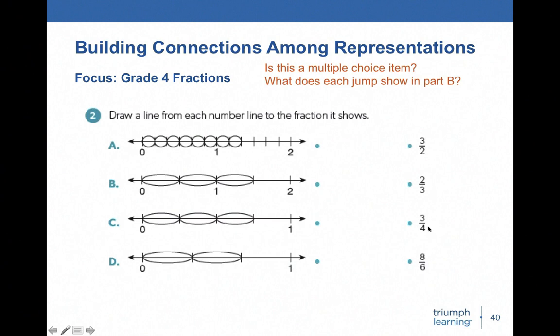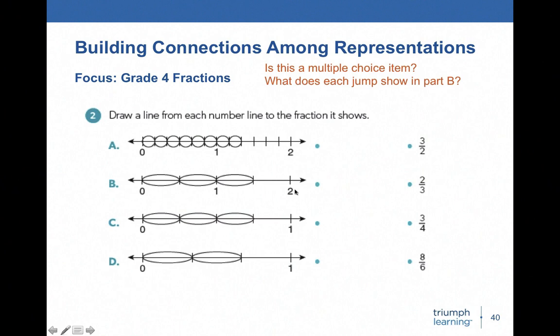You notice that some of these number lines run from 0 to 1 and some from 0 to 2. So it presents a possibility for us to see if students can handle numbers larger than 1 as well as numbers less than 1. The misconceptions I'm referring to would come out in, for example, choice B here.